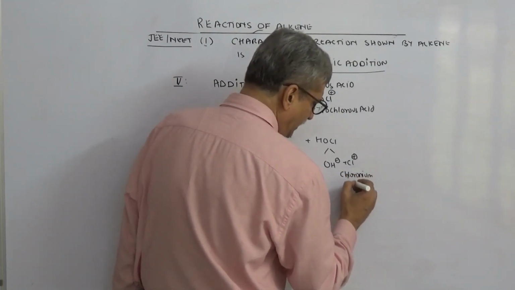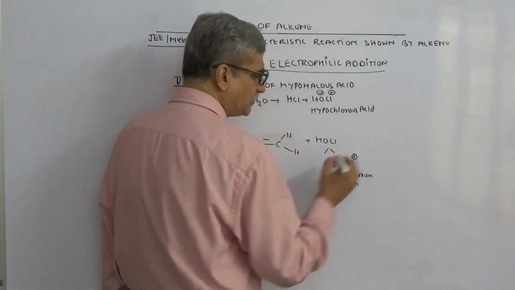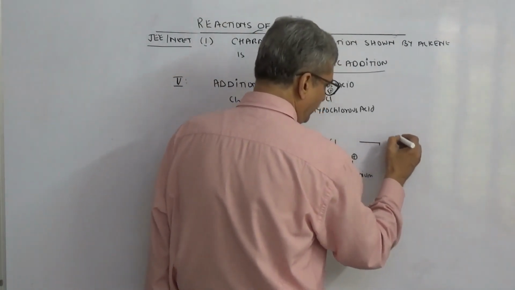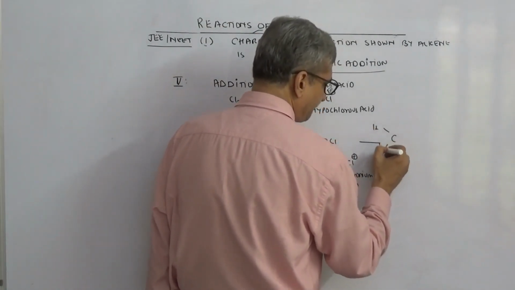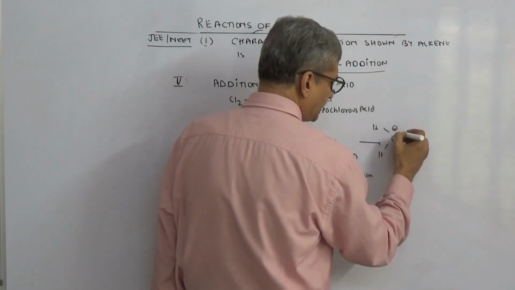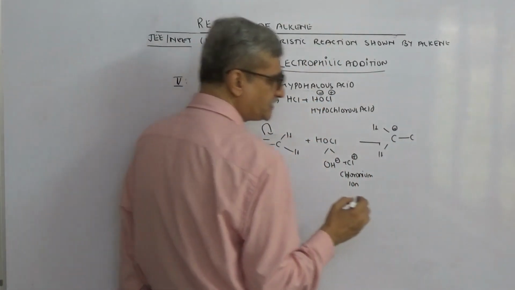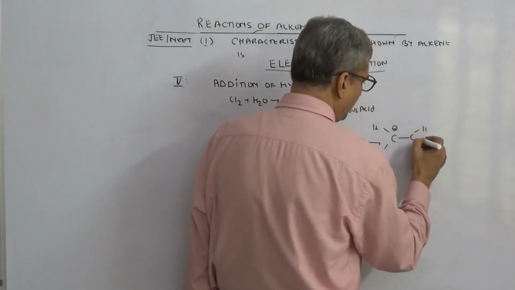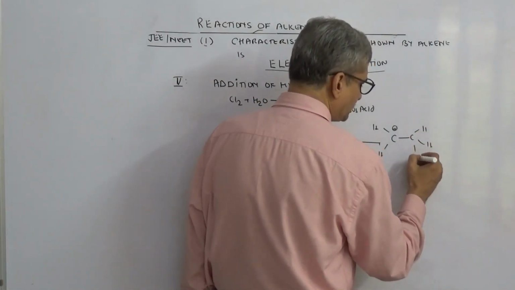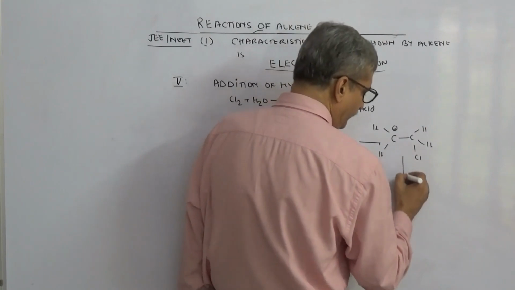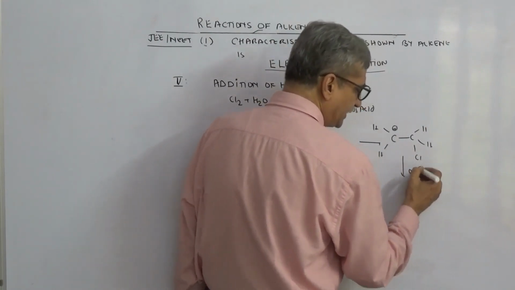So chloronium ion is the attacking reagent. So what is it going to form? It's going to form CH2, and this becomes the carbonium ion because the electron shift took place, the electromeric effect. Then of course you have the OH minus attacking it.